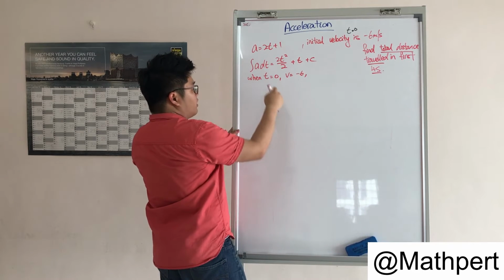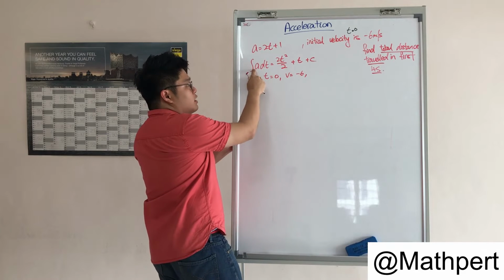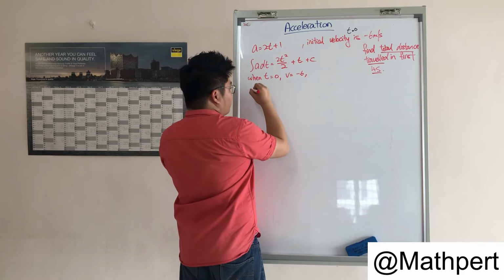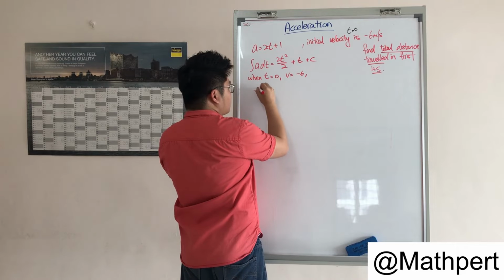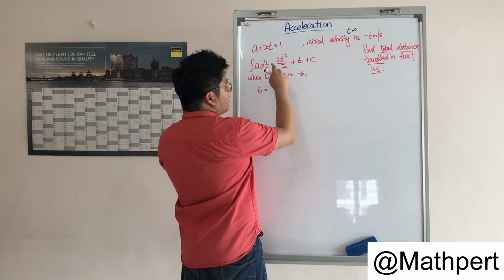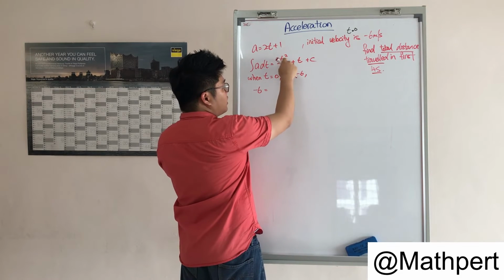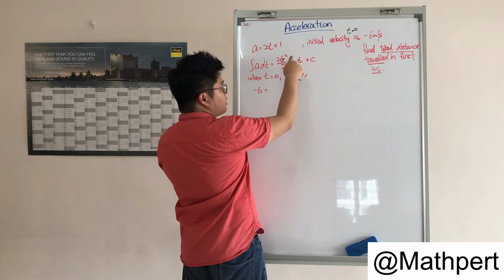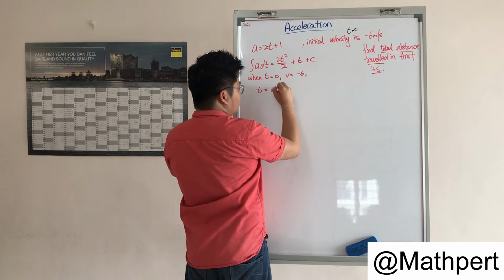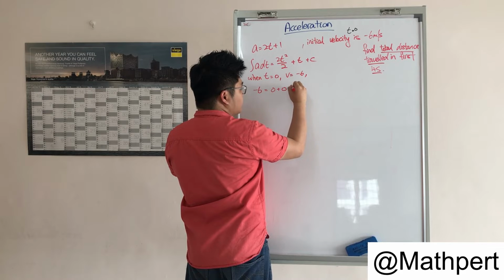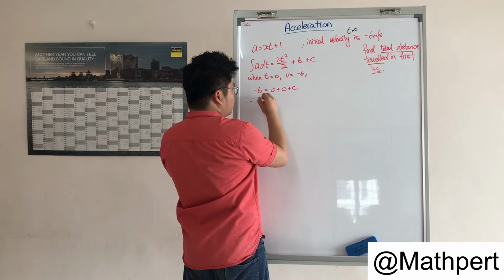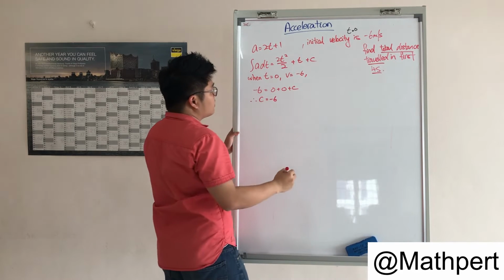Then we substitute it in. Integrating a dt, we get v, velocity, meaning -6. Then substitute 0 into t, so the whole thing becomes 0, 0 + c. Therefore, c = -6.